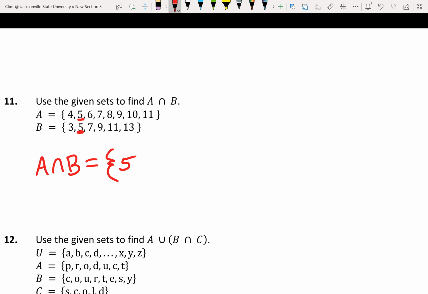Okay? So 5 is in here. 6 is not in both. 7 is. 8 is not in both. 9 is. 10 is not in both. 11 is. And 13 is not in both. So there's our intersection. 5, 7, 9, 11. Because those are in both sets.